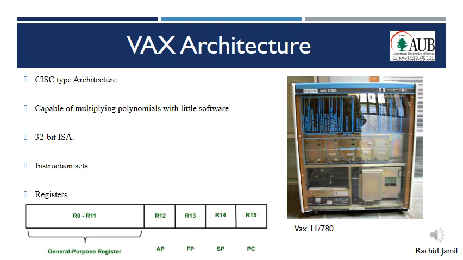Register 13 is the frame pointer, the current frame pointer, which contained also another data structure. Moreover, SP is the stack pointer, which contained the address of the top of the processor defined stack, the stack pointer register, and R15, which is the 16th register, is the PC, which contained the address of the next instruction in bytes.